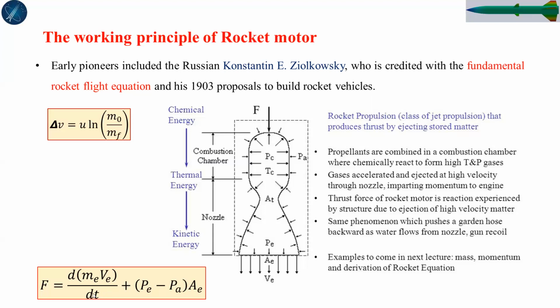Okay, here mass is the changing quantity. So dMe/dt, that means m dot, that is the mass flow rate, times exit velocity. So this term is called the momentum thrust, and this is the pressure thrust as we have discussed earlier.